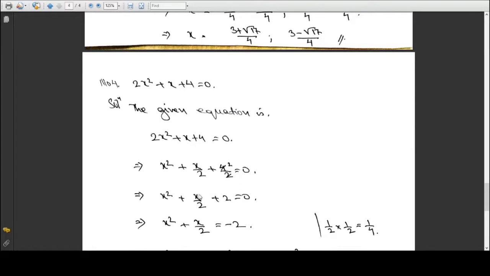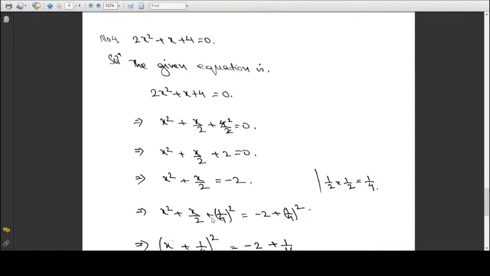Now half of the coefficient of x. What is the coefficient of x? It is 1 by 2. Half of that, multiplied by half, you will get 1 by 4. So the square of 1 by 4 should be added to the left and added to the right side of this equation.